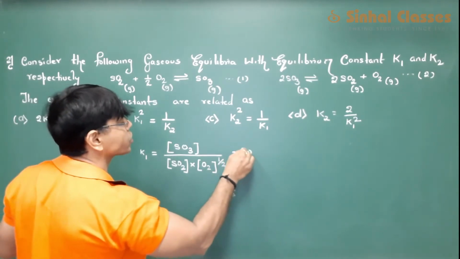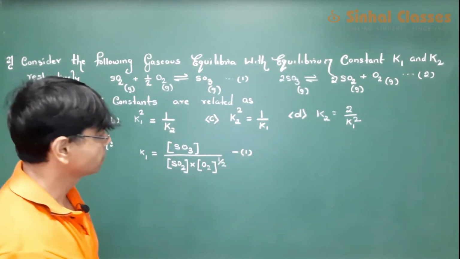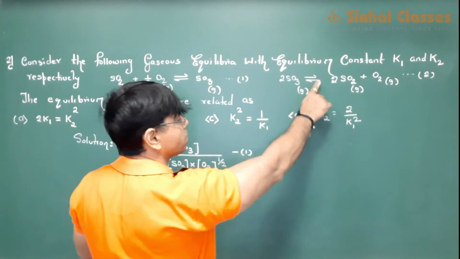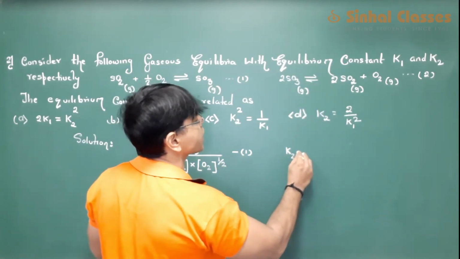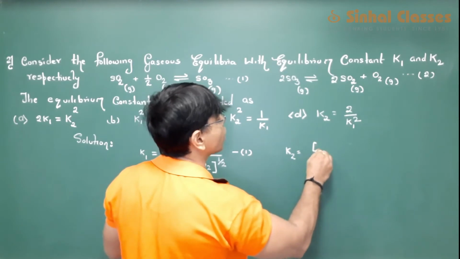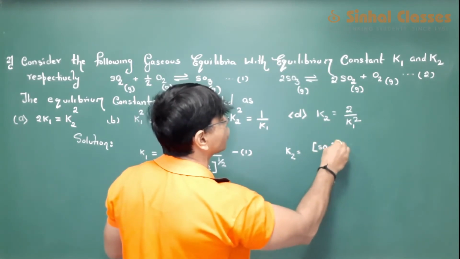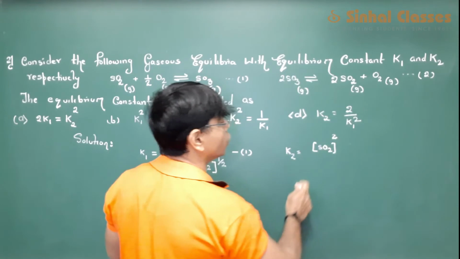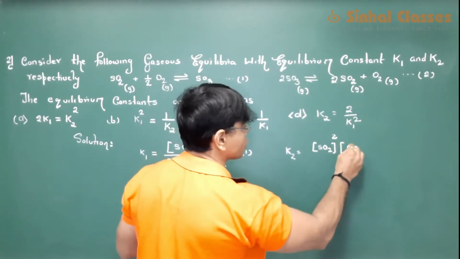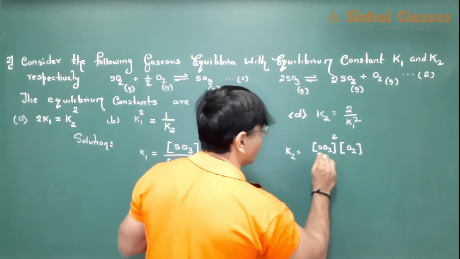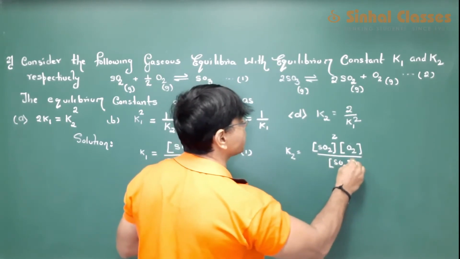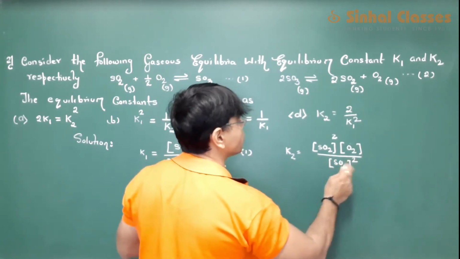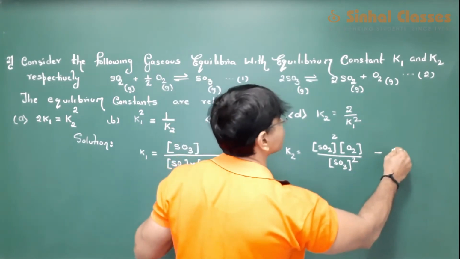This is your equation number 1. Now for equation number 2, you can write K2 is equal to concentration of SO2 raised to 2 into concentration of O2 upon SO3 raised to 2. This is equation number 2.